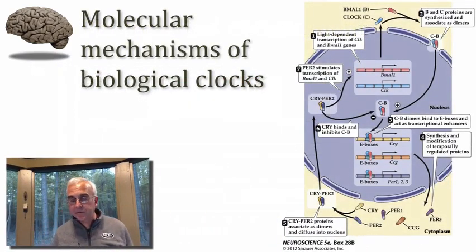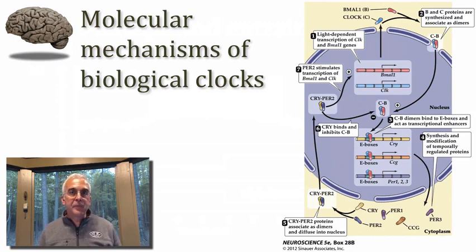And it turns out there's really a beautiful set of genes and proteins that are turned on and that then feed back upon the transcription of the very genes that produce the proteins in question. And there are essentially two sets of complementary pathways that feed back upon each other. And as they do so, they generate a rhythm. So here's roughly how this goes. As light is striking the retina and activating those photosensitive ganglion cells, action potentials arrive in the suprachiasmatic nucleus and activate these cells.